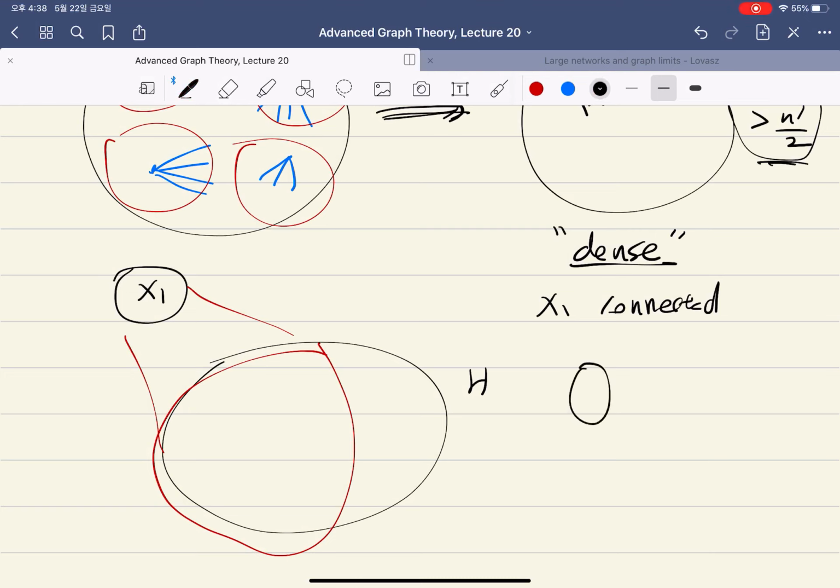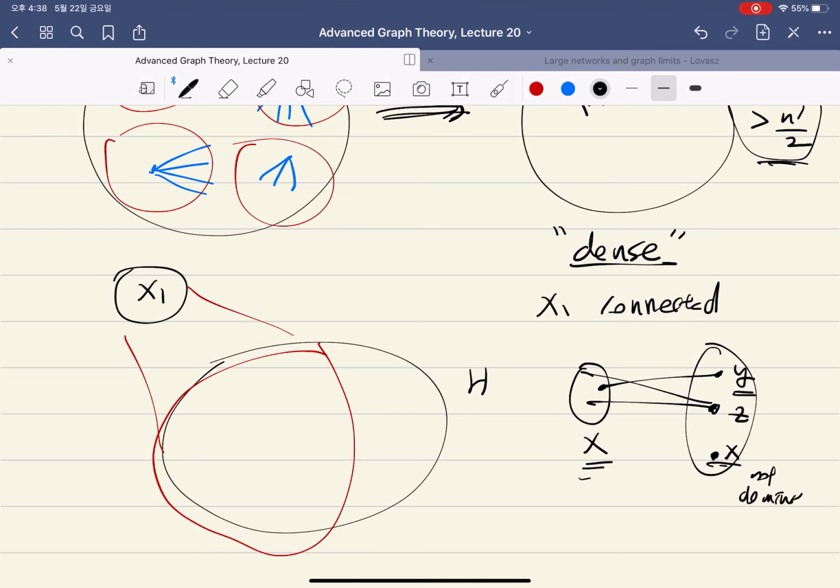What I mean by dominate is, when we have X and here we have y, if y has a neighbor in X, then we say that y is dominated by X. Another vertex that has some neighbor in X is also dominated by X. But if there is some vertex which doesn't have any neighbor in X, then it is not dominated. So X1 dominates lots of vertices.